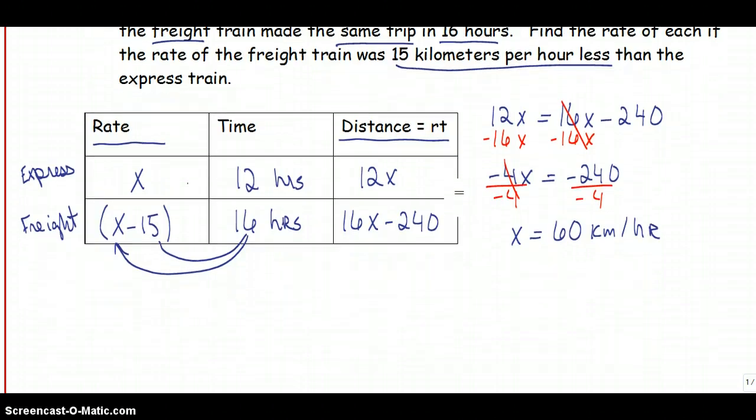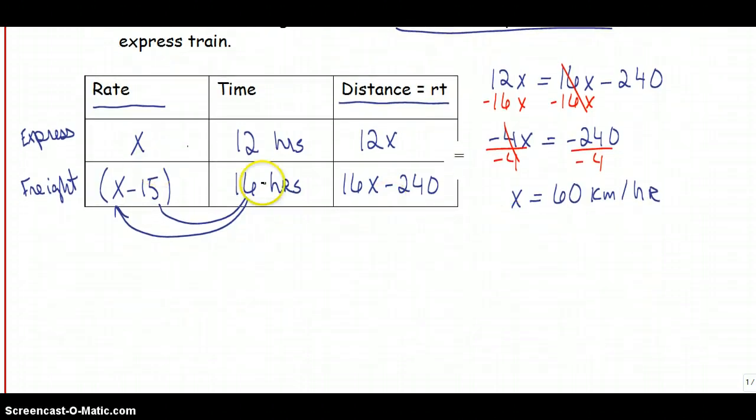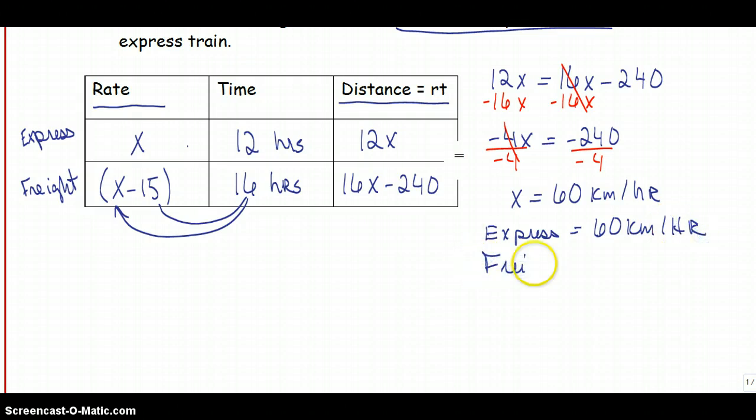Okay, so I see that x was my express train, so I know that the express train traveled 60 kilometers per hour. So I know that the freight train was 60 minus 15. 60 minus 15 is equal to 45 kilometers per hour.